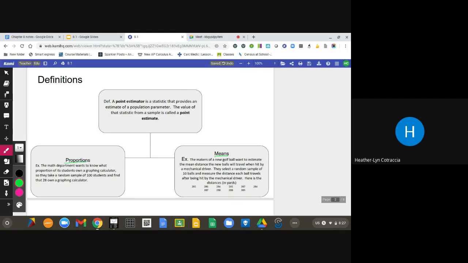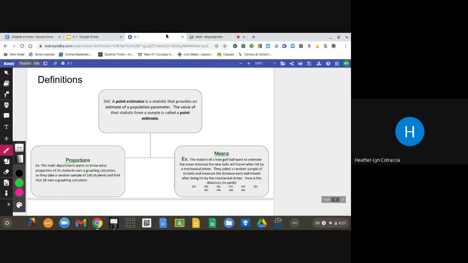and what to do inside those sections. So I gave you an example to know which one, because I think that's where people tend to struggle. They're like, well, which one do I use? Do I talk about a proportion or a mean? If you read the example on the left, the example about the math department, they want to know what proportion of its students. Right there, I know I'm using a proportion.